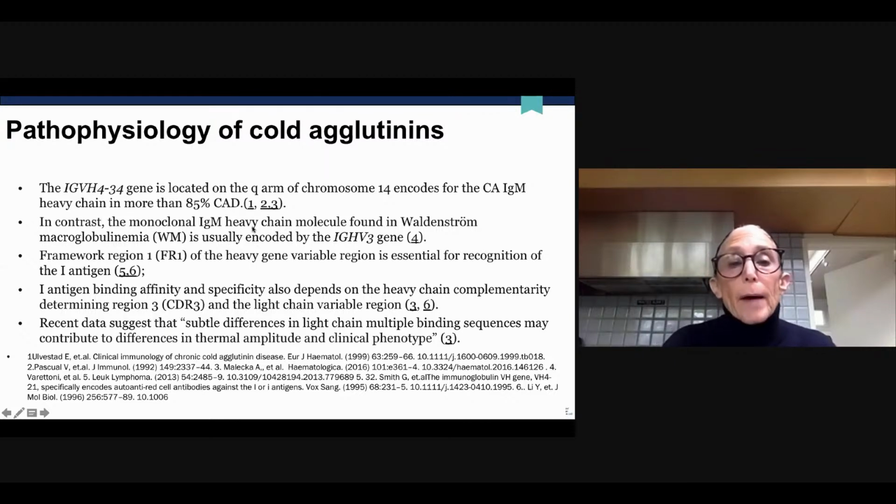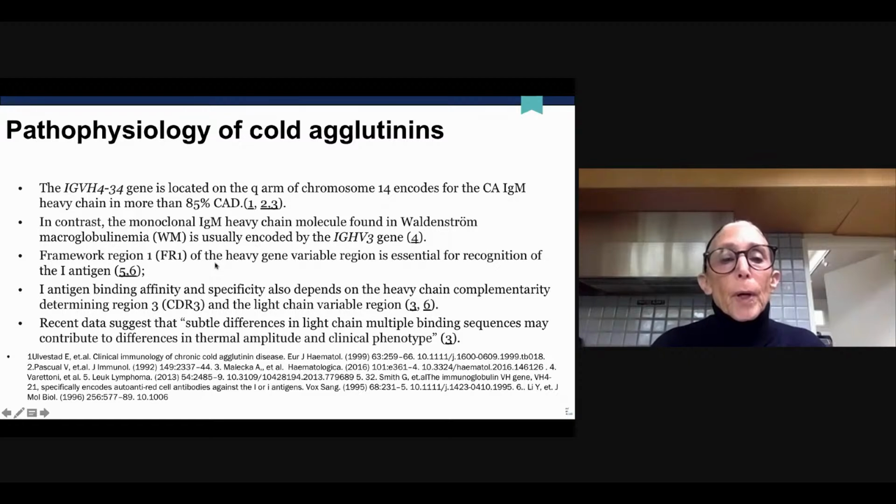In contrast, in Waldenstrom's, even though that's an IgM heavy chain proliferation, we see this IGHV3 gene instead. So if you're looking at a gene profile, you'll see that.